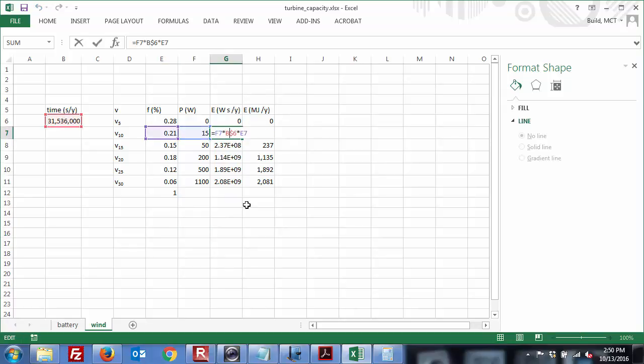So I'm multiplying power, which is in F7, times time, which is in B. Power times time is energy, times the percentage. Remember, these percentages all have to add up to 1, so I made sure I've accounted for all of the seconds in the year.